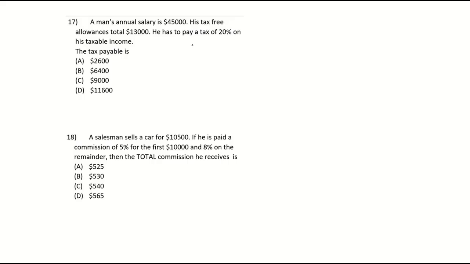His taxable income, right? That is how much you're being taxed on. His taxable income would be 45,000, that's how much he's totally getting, minus his tax-free allowance of 13,000. When you subtract this, you're going to get 32,000.